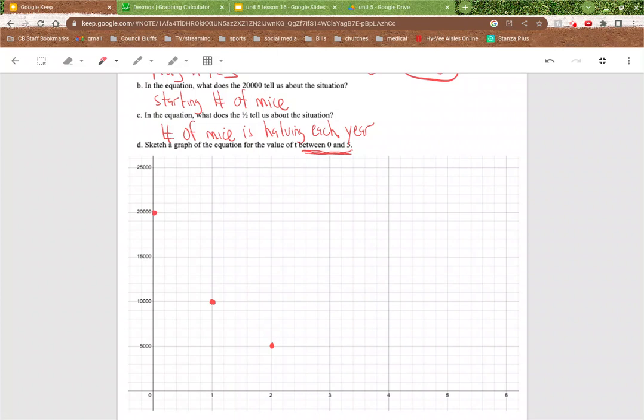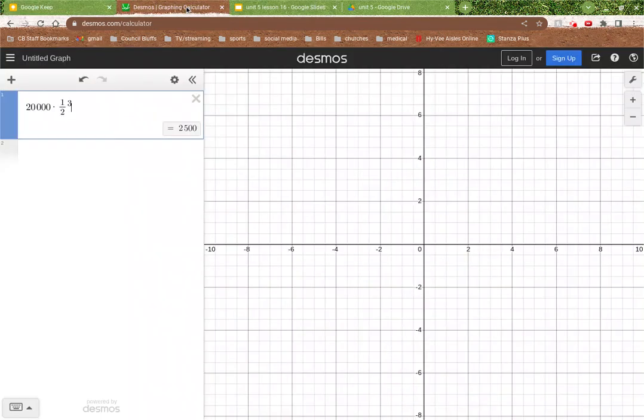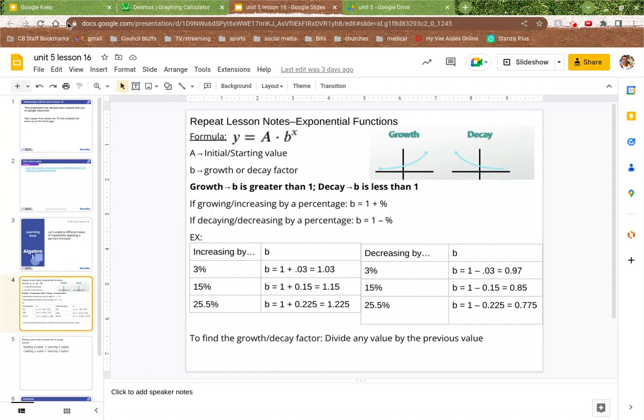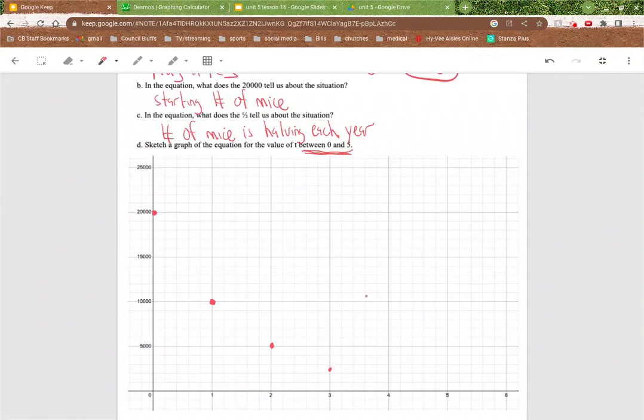So this is 1,000, 2,000. So 2,500 is going to be in the middle here. Half of 2,500 is 1,250.